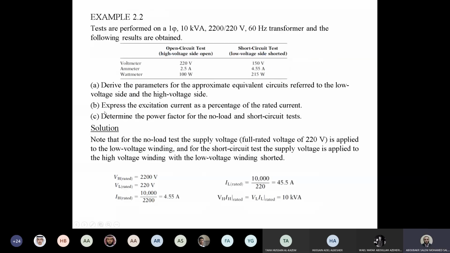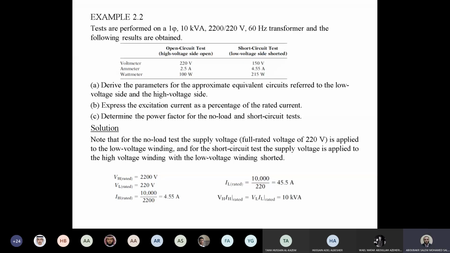Number B, express the excitation current as a percentage of the rated current. We said before the no load current is around 5% of the full load current. Now we have the no load current, which is the open circuit current. Here it's given as 2.5 amps. And we already calculated the value of the rated current.